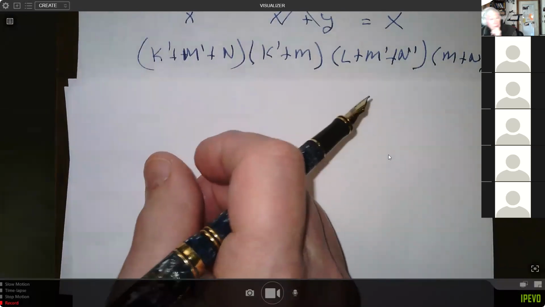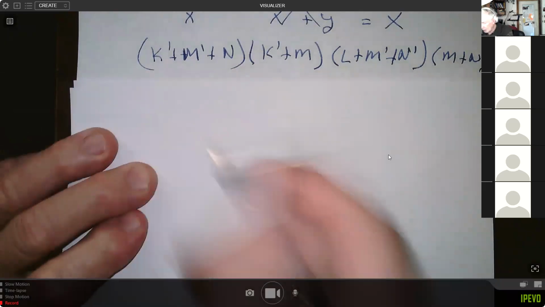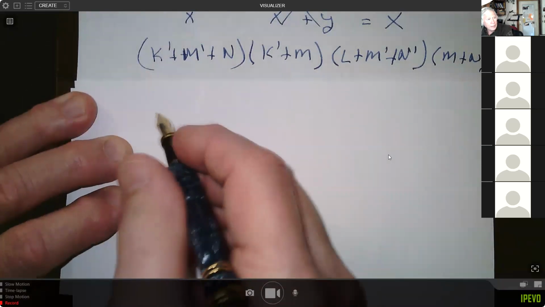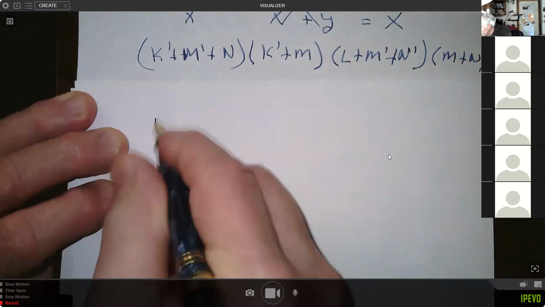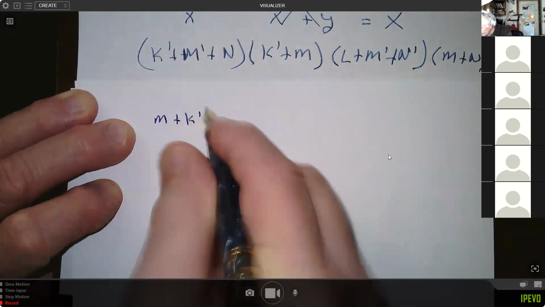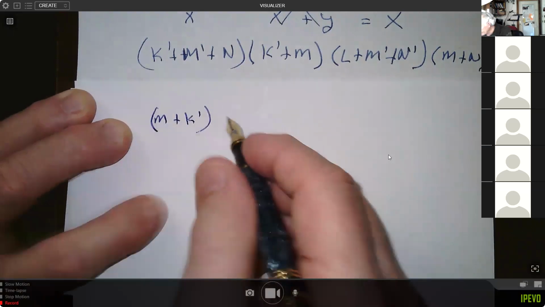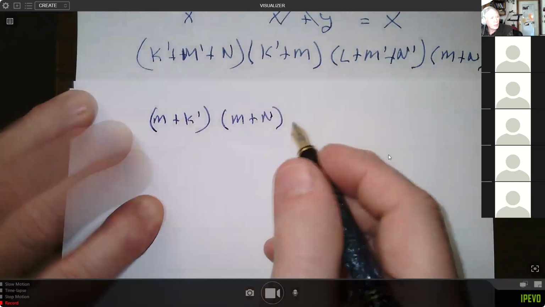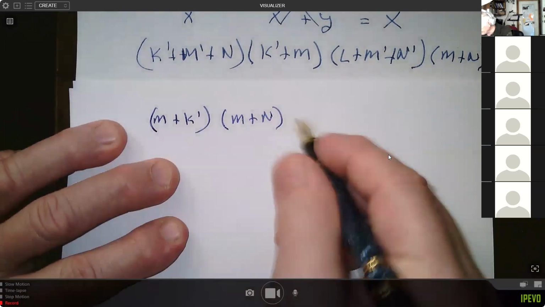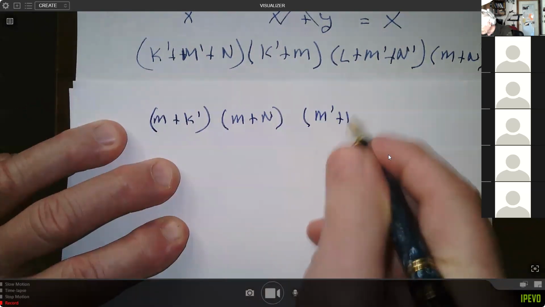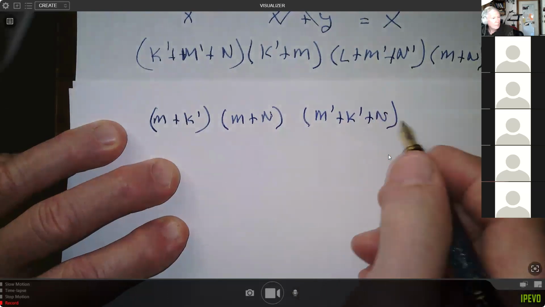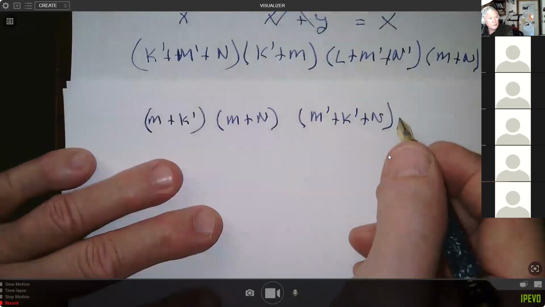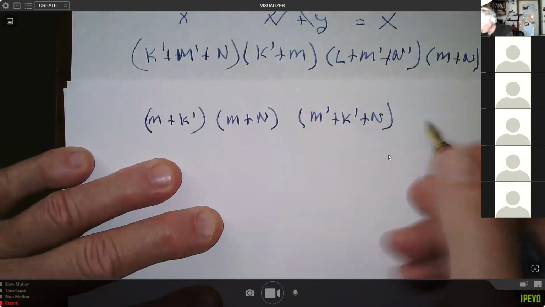Let's organize them where we have the M's. So let's rewrite them and we'll put the M first. We have M plus K prime, and we have M plus N, and then we have M prime plus K prime plus N, and we have M prime plus N plus L plus N prime.